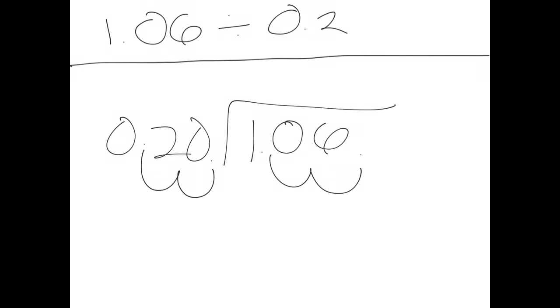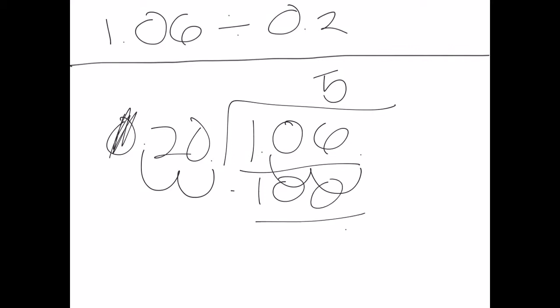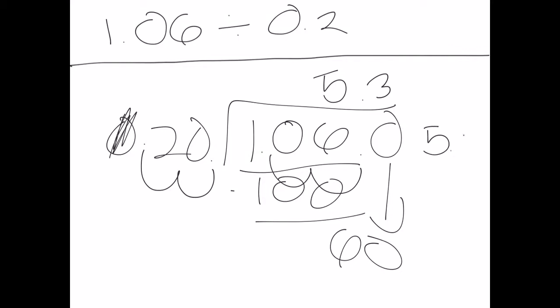So it ends up being 20 divided by 106. 20 goes into 106 5 times, and then we subtract 100 and get 6 left over. We'll add the 0, bring it down, and 20 goes into 60 3 times. So your answer will be 5.3.